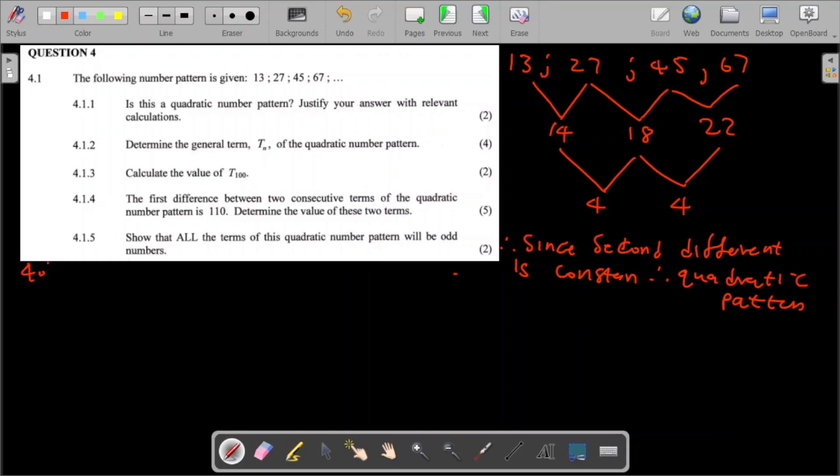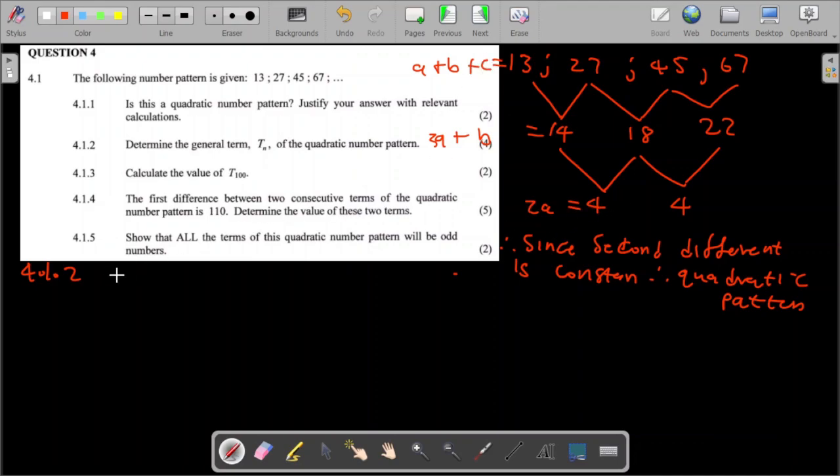Now, 4.1.2, they're asking us to find the general formula or the general term. So here I know that this is equal to 2a, and this is 3a plus b, and this one is a plus b plus c.